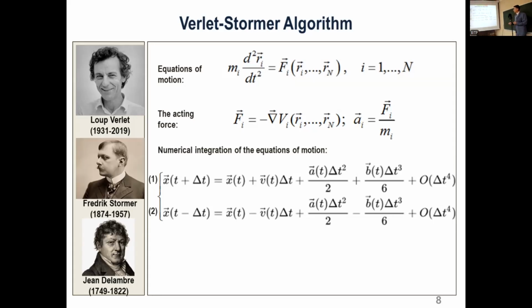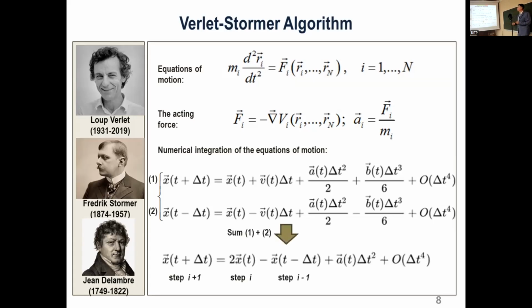And the same we can do for the previous position, so for the position at the time moment t minus delta t. And we have the same expansion, but with another sign. Here is minus, here is minus. And when we sum the two equations, we have an equation which connects the next position of the particle with the previous time step and the step t minus 1.